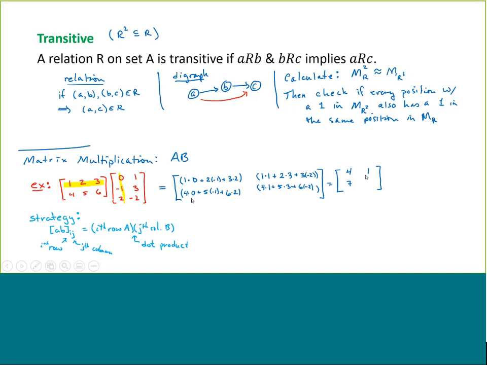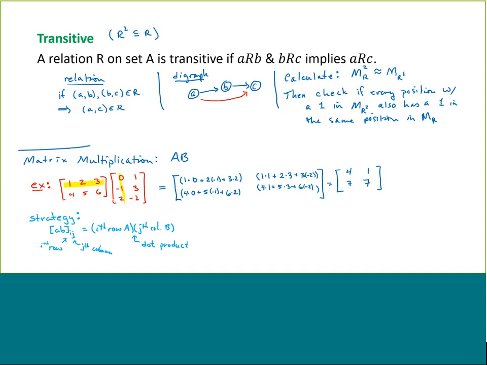Second row, first column, was 0 plus -5 plus 12, and 12 minus 5 should be 7, unless I messed up the arithmetic. The one we just got was 4 plus 5 times 3, so 4 plus 15, and then minus 12. Well, 15 minus 12 is 3. 3 plus 4 looks like 7 again. Okay? So that would be the idea behind matrix multiplication.